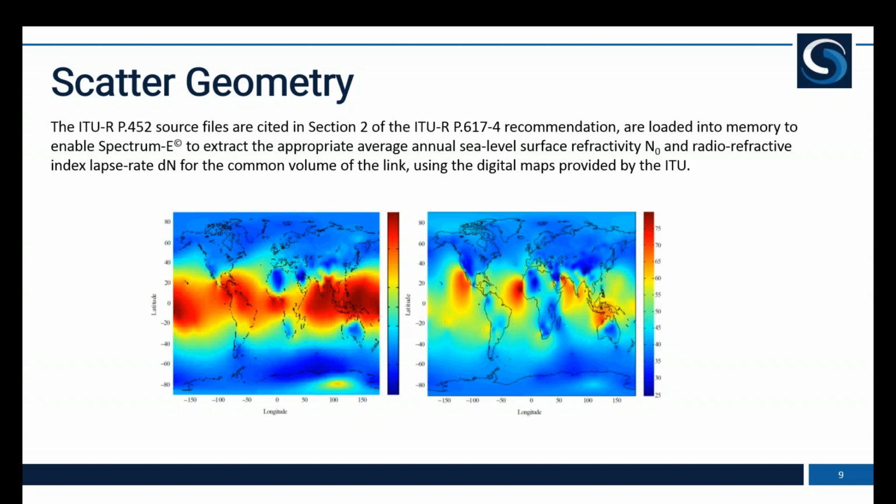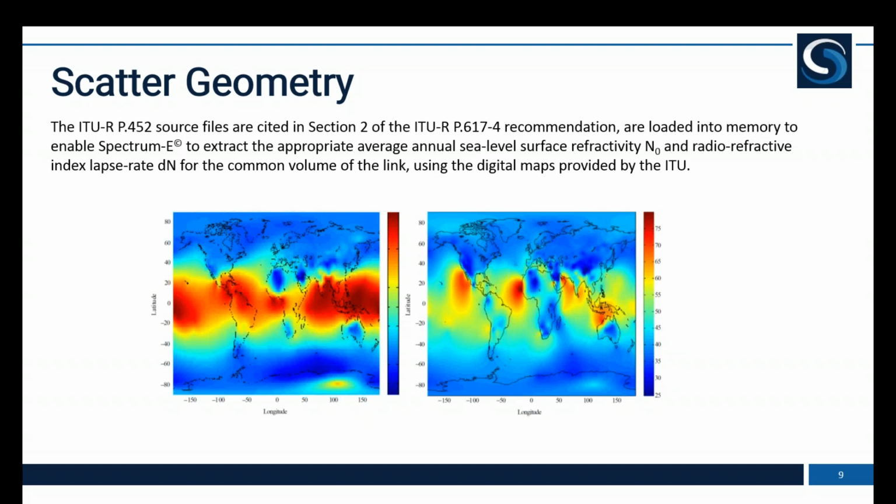Now, this is very important as well. Even if you have everything else, if you don't have this, you don't have a tool to model tropo links. The reason why this is so important is because these are actually digital maps that are provided in the 452, and they come in zip files. And these vertical digital maps have to be implemented into the tool to extract the vertical variation of the radial reflectivity and surface reflectivity values.